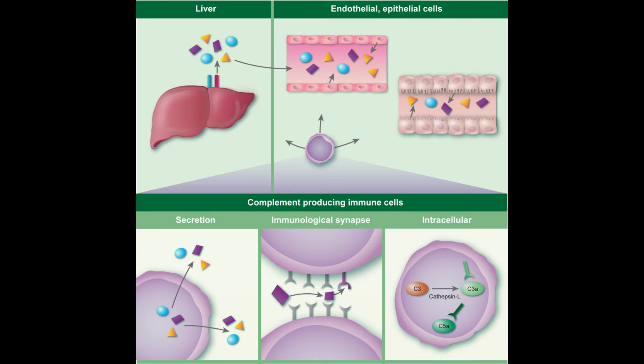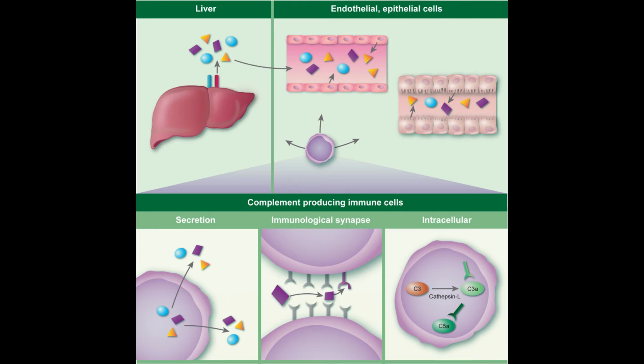C3 is the major constituent of the complement system and is present in the plasma at a concentration of 1,200 micrograms per milliliter. It serves as the pivotal point for all three pathways, and cleavage of C3 to C3b represents the most significant step in the entire process of complement activation.